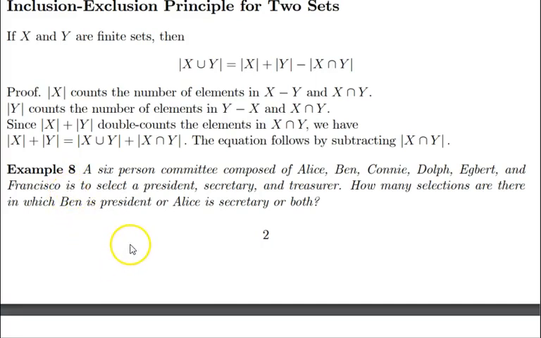Example 8. Our 6-person committee is to select a president, secretary, and treasurer. How many selections are there in which Ben is a president or Alice is secretary or both?